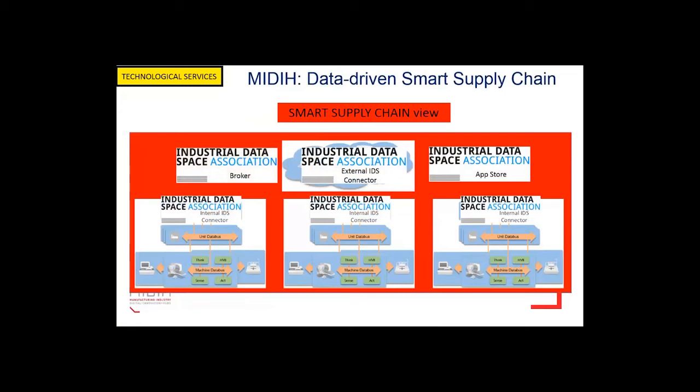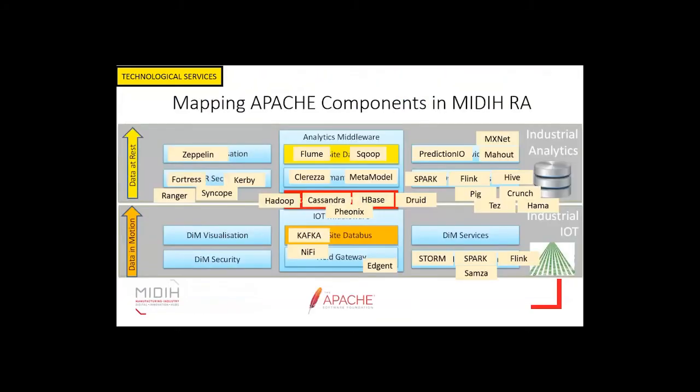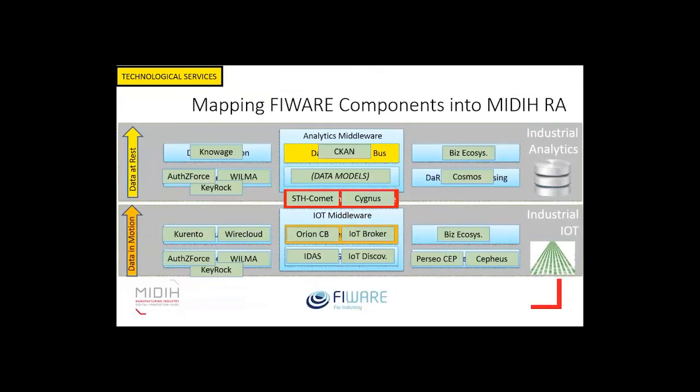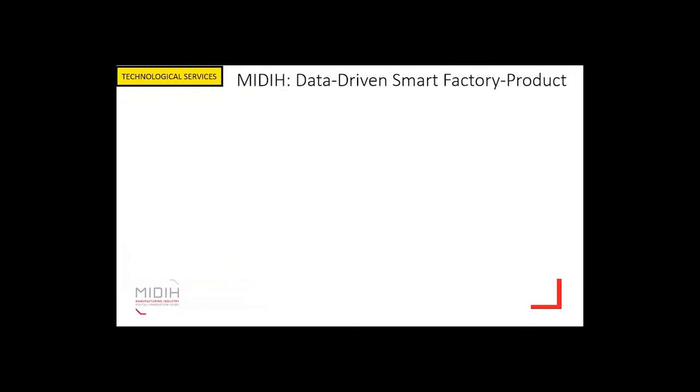If you are applying for a smart supply chain scenario, you should be compliant to the principles of this architecture, which means that you should have in your implementation some internal IDS connector, some external IDS connectors, and use some broker and application store. However, the implementation of this reference architecture is up to you, and you should use either the Apache or the FIWARE components in order to implement this reference architecture.